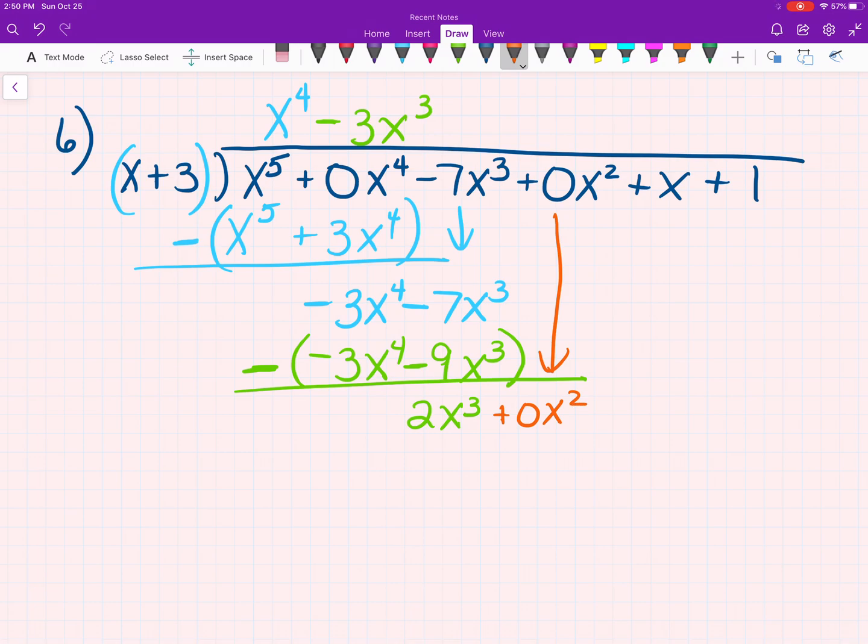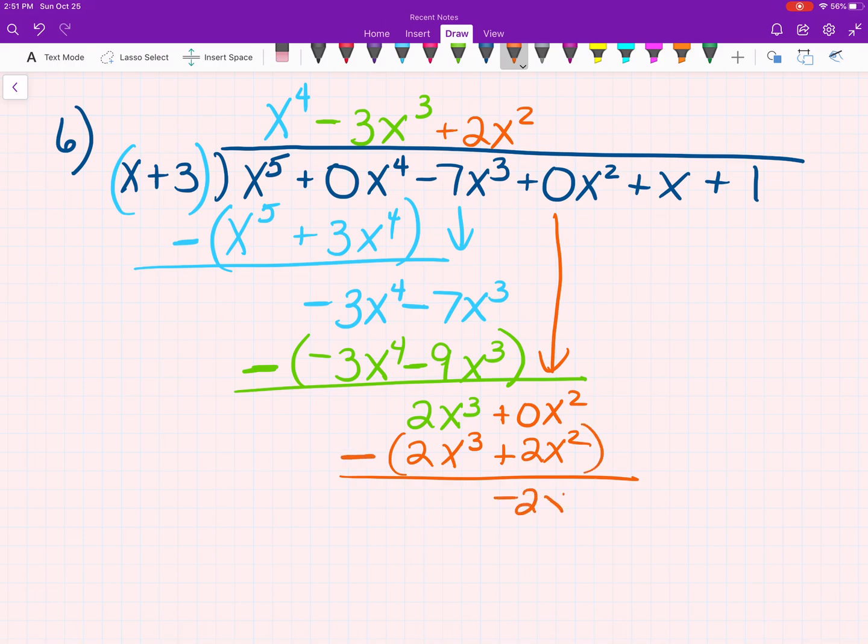2x to the 3rd divided by x is going to be 2x squared. Multiply the 2x squared by the entire quantity will give us 2x to the 3rd plus 2x squared. Take away everything. That means we have a negative 2x squared. Running out of colors. Bring down x plus x.